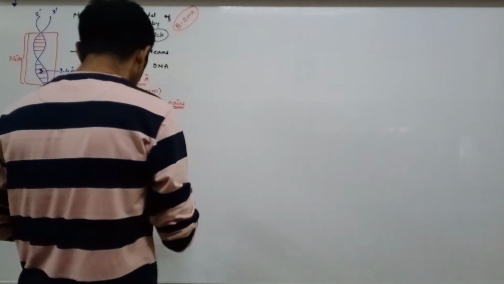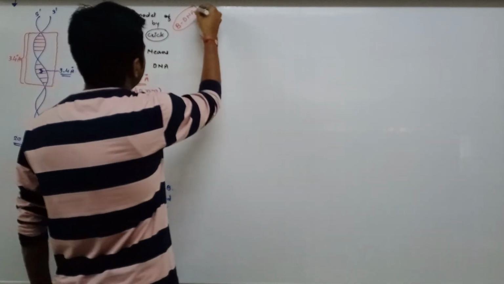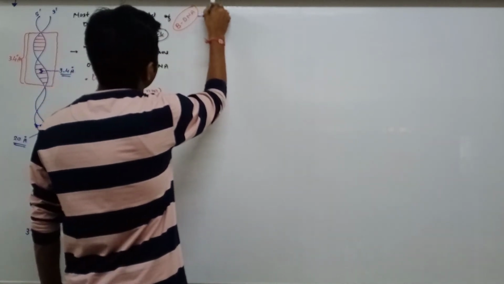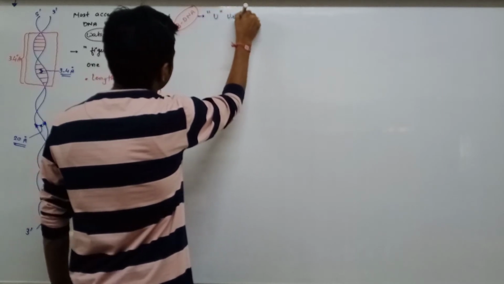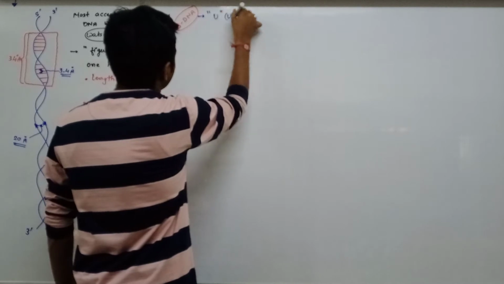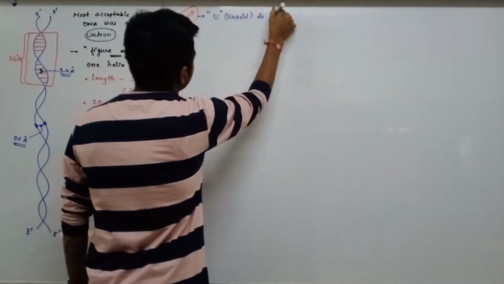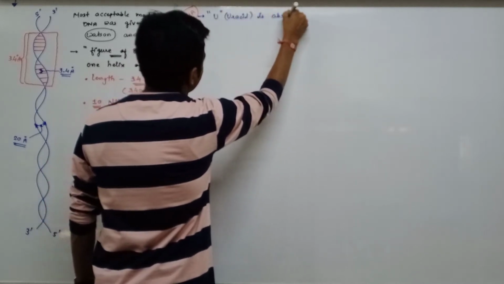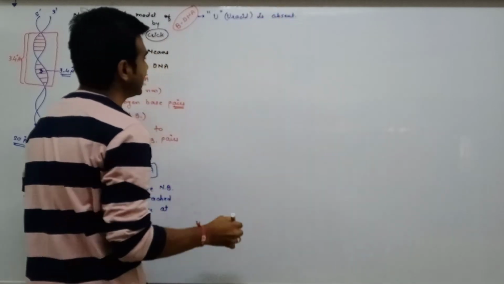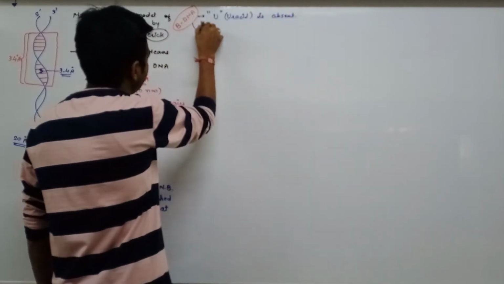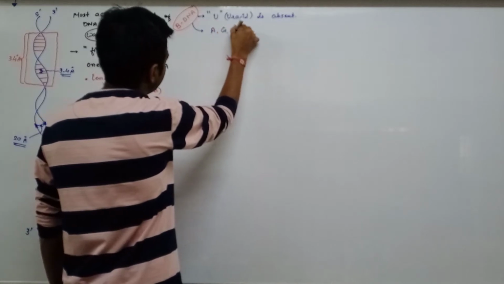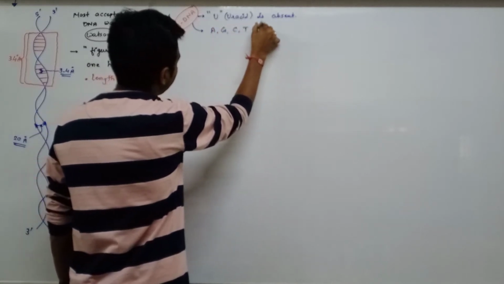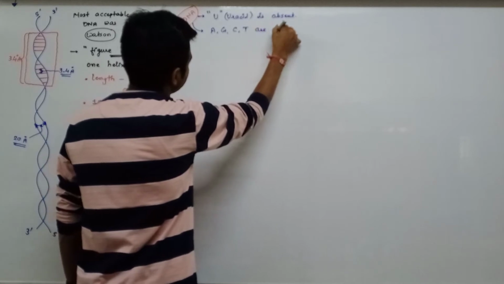In B-DNA, uracil is absent, and adenine, guanine, cytosine and thymine are present.